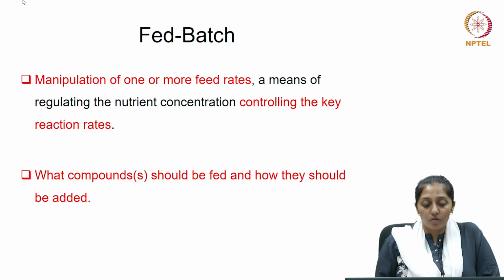That is also to be determined. There can be more than one feed stream inside the reactors because one or more nutrients may be required to be fed at different rates depending on the concentration which one wants to maintain inside the reactor. So the regulation of the nutrient concentration is carried out by manipulating one or more of these parameters in a fed batch operation.